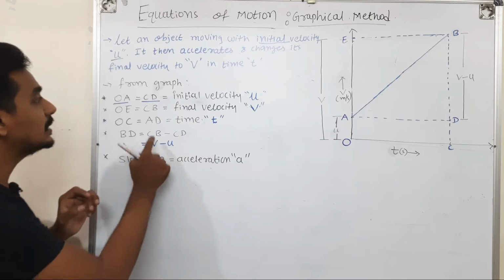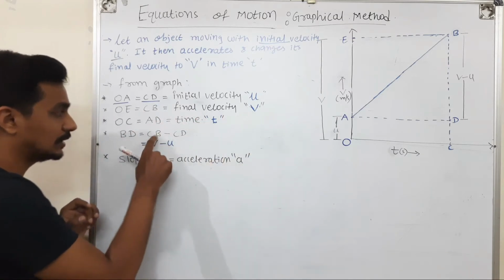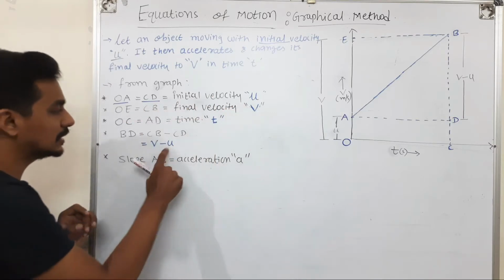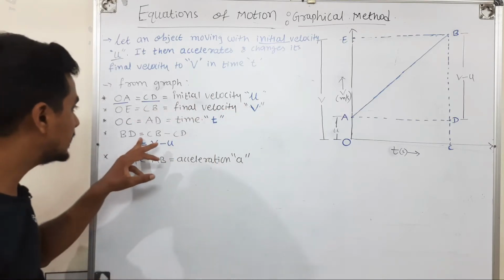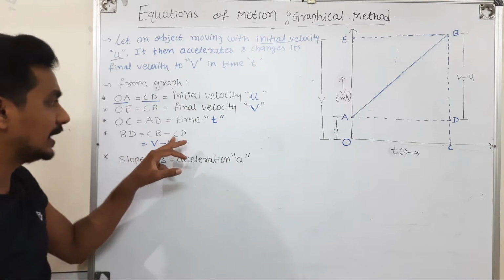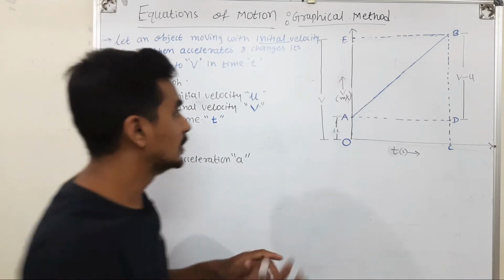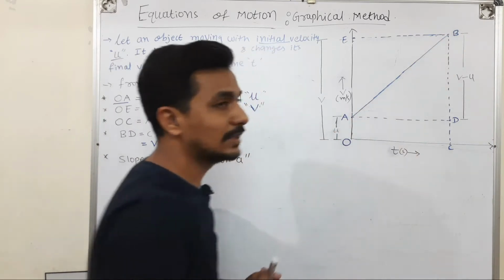Now what is CB? CB is the final velocity, and what is CD? CD is the initial velocity, u. So BD is equal to CB minus CD, which is equal to v minus u, and this slope AB is the acceleration.